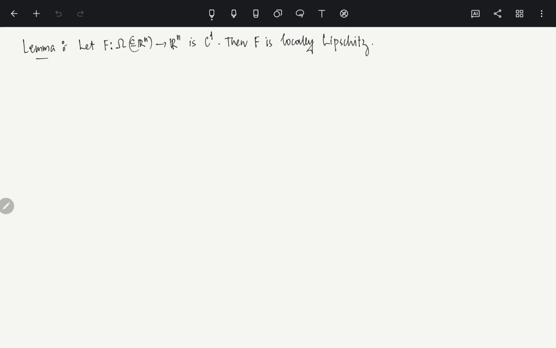Okay. So what is the proof? The proof is this. Suppose that capital F from omega to Rn is C1, and we start with x naught, which is in omega.